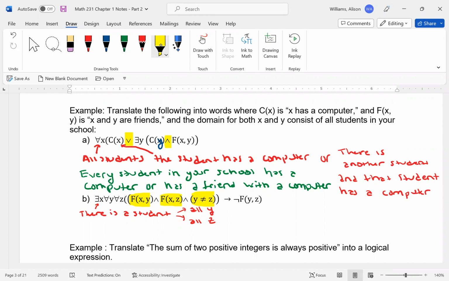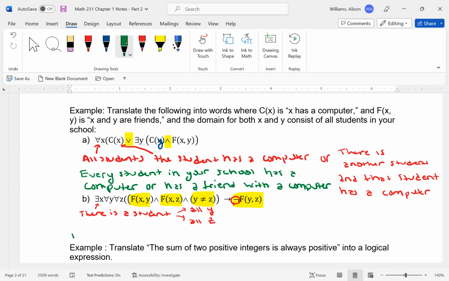And we're saying that in this scenario, when this is set up, it implies that the second student and the third student are not friends. So we're using the not symbol, the negation. So here's what we're saying.